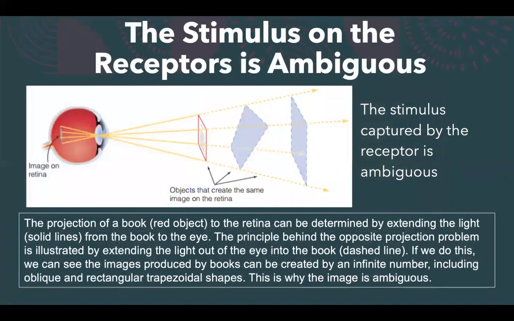So why then is a perceiving machine not easily recognizing or perceiving objects? The first reason is that the stimulus on the receptor is actually ambiguous, right? So when you look at the page of your computer or laptop screen, the image cast by the border of the screen on your retina is actually ambiguous.